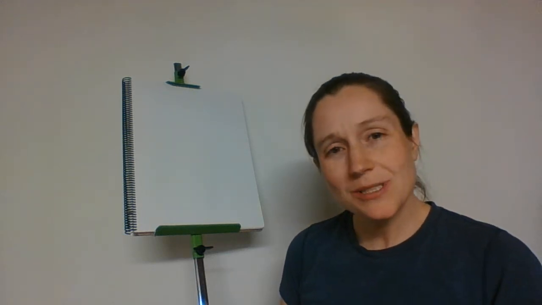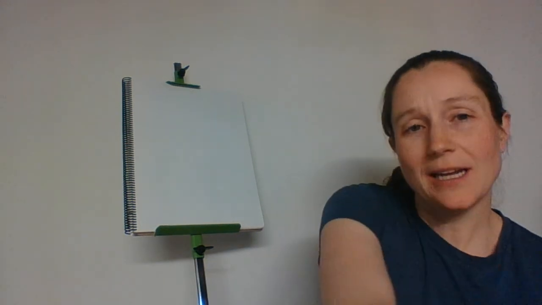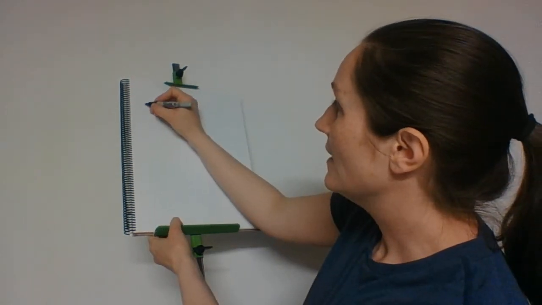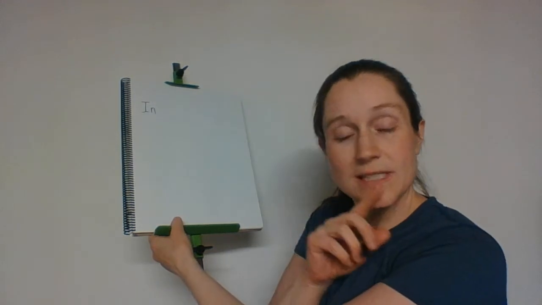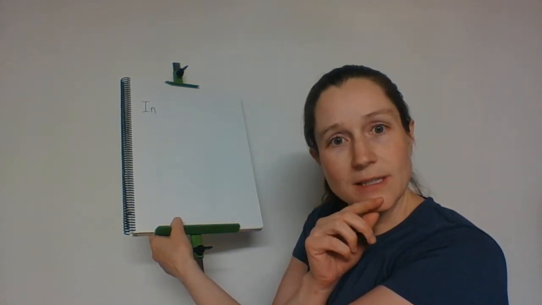It was a short one, wasn't it? Did you notice what I was doing with my fingers? I'm going to write the title of the book right up here. In. Is that a word? Yeah, that's a word, isn't it?